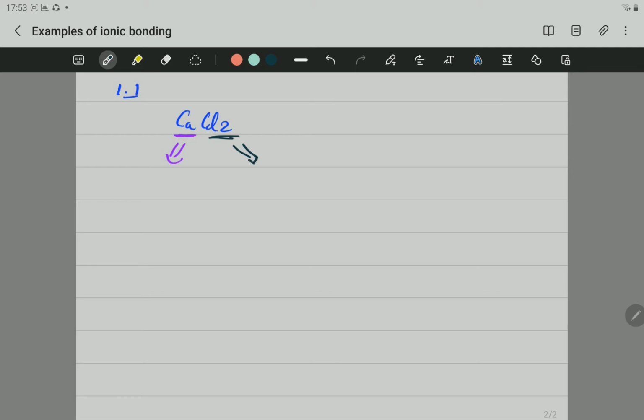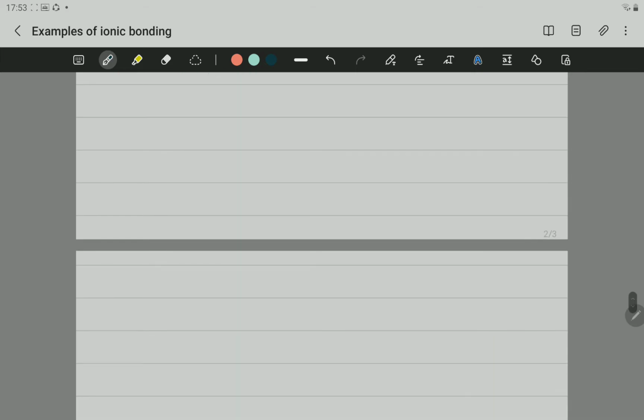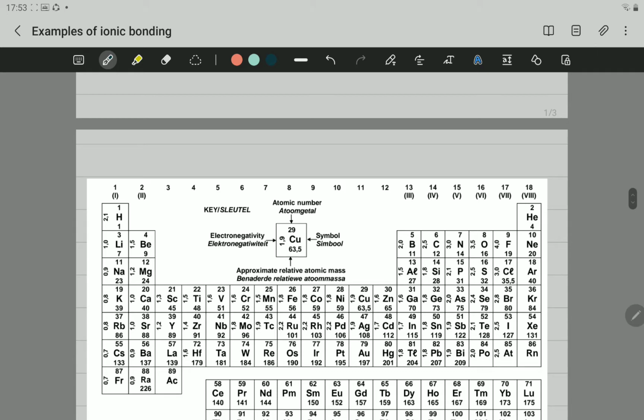Let's go back to the periodic table of the elements and record something important here. All the elements in group 1 will form ions with a positive charge, X+.